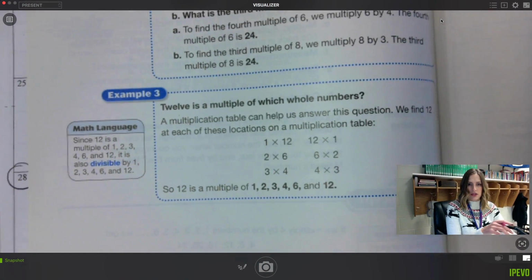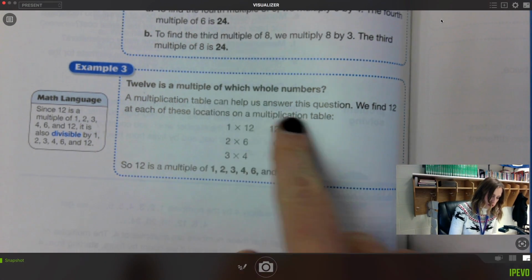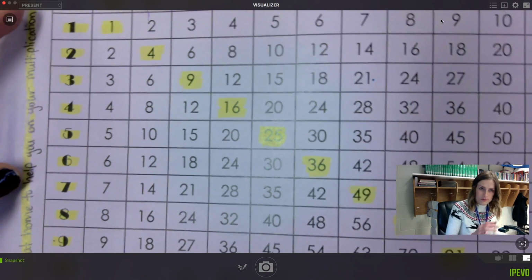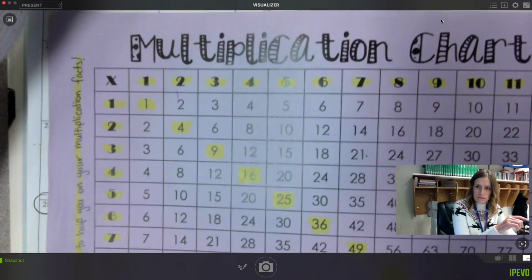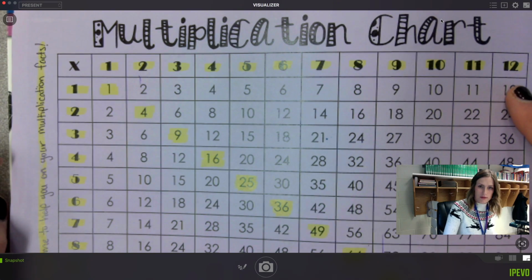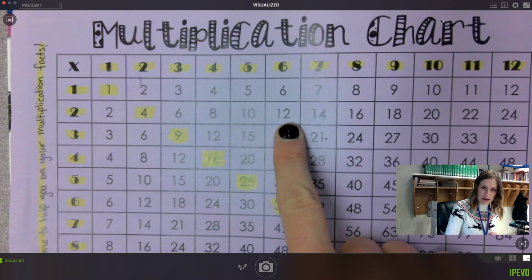Example 3 says 12 is a multiple of which whole numbers? Well, a multiplication table can help us answer this. We can find 12 at these locations. 1 times 12, right? There's a 12 right there. 6 times 2, we can get it right there.